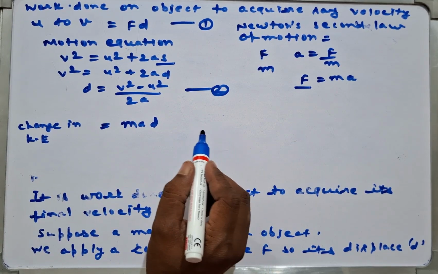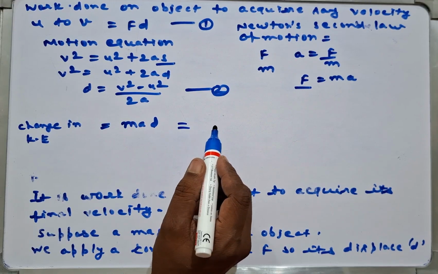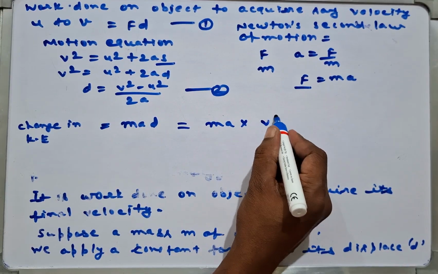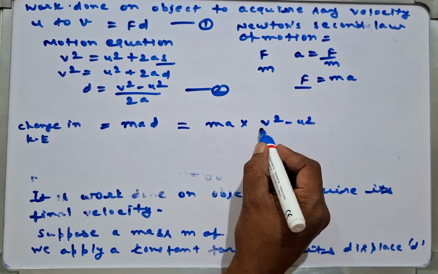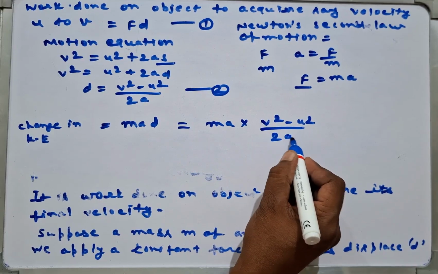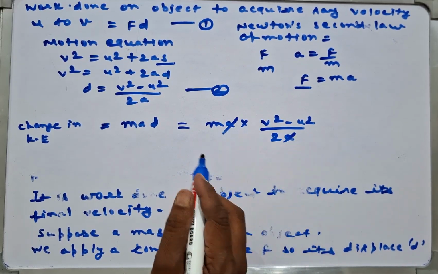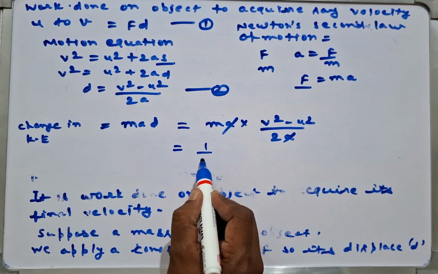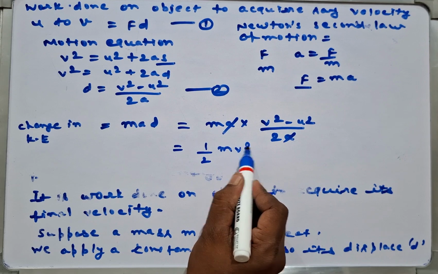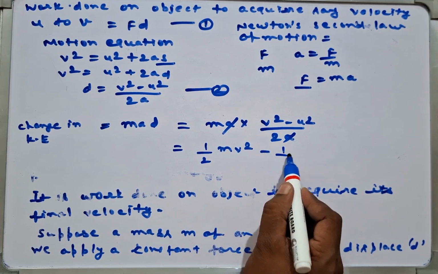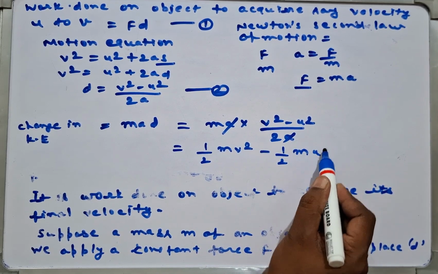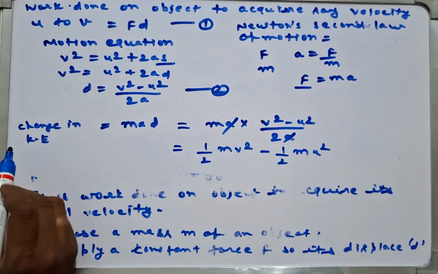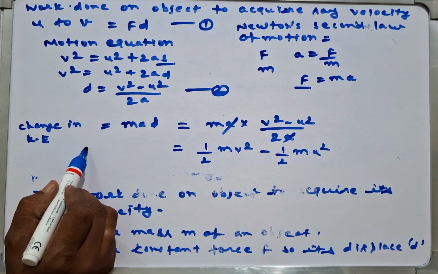So we can write it as ma into (v square minus u square) by 2a. So a cancels, a is the acceleration here, so we can write 1 by 2 mv square minus 1 by 2 mu square. Okay, so you can see here this is the change in kinetic energy.